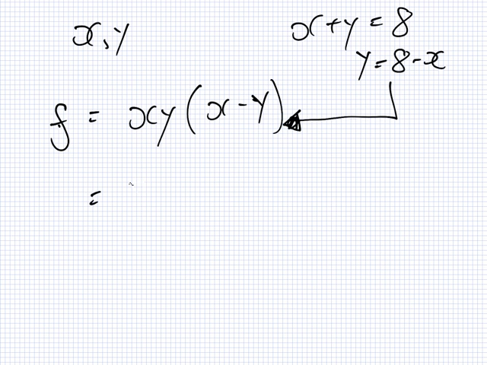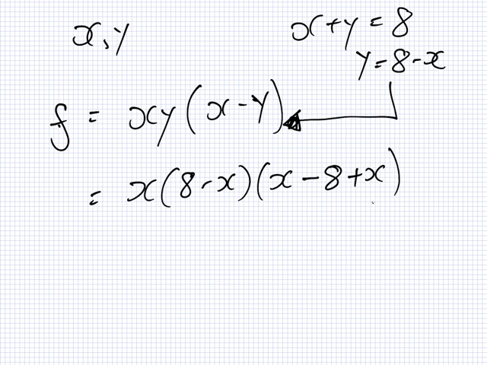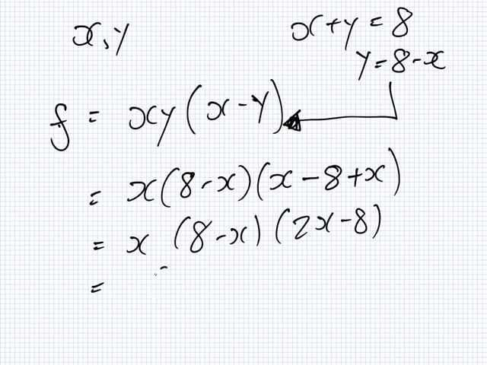So this would be x times y, which is 8 minus x, times x minus y, which will be x minus 8 plus x. Minus y is minus this one. So that is x times 8 minus x, times 2x minus 8. So that's 8x minus x squared times 2x minus 8.